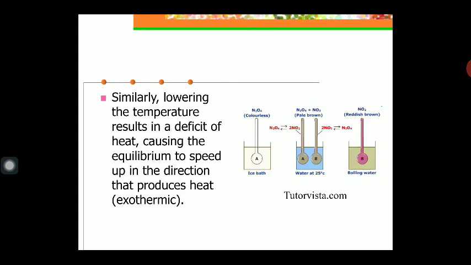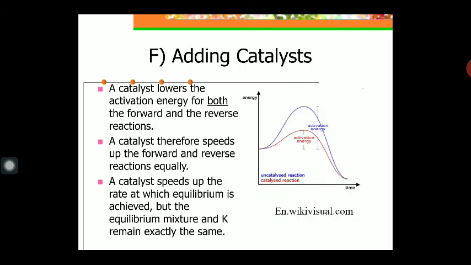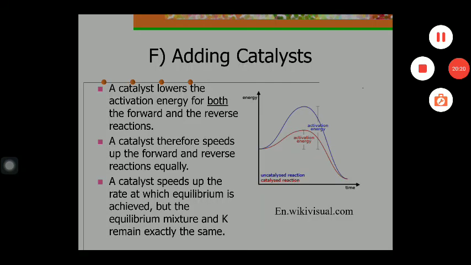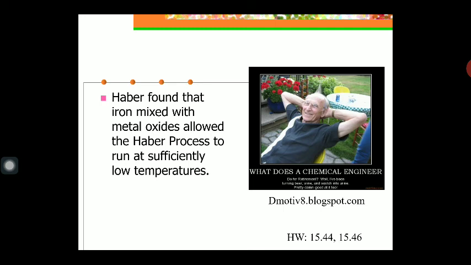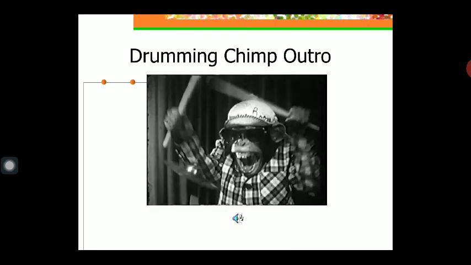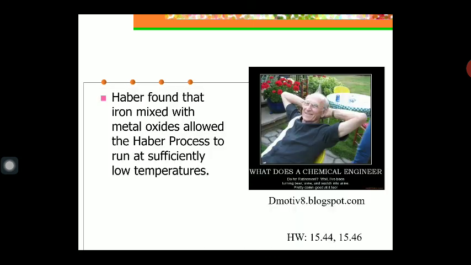And then the overall application of all these processes can be estimated by adding the catalyst. The catalyst change can also be explained by these examples. So one by one, all these factors play a very important role in calculating the value of Kc. And the Haber process is the basic process by which you can find out these changes.